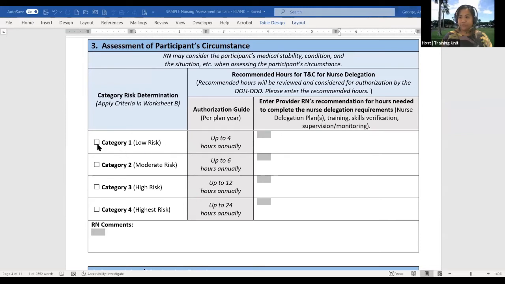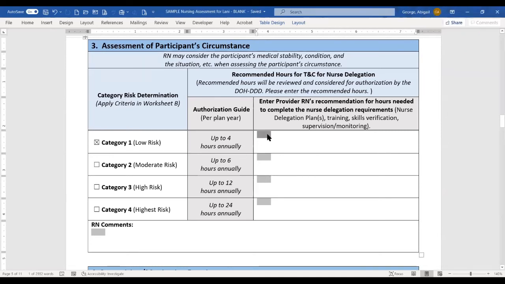We are at category 1. So we're going to check off this box. And then this is where you provide the RN's recommendation for the hours needed to complete the nurse delegation requirements. So this is where we would put the amount of hours we feel is necessary. Is that correct, Priscilla? Yes, whatever the RN's recommendation is.